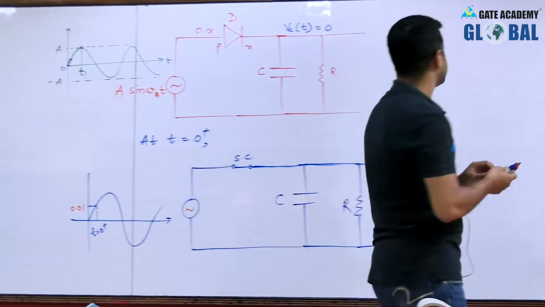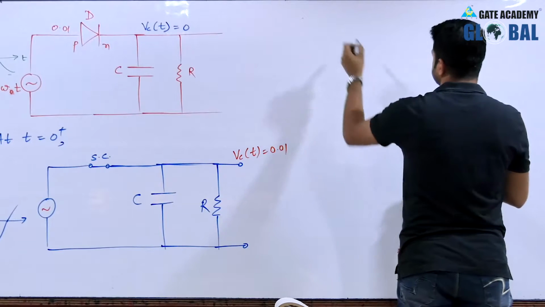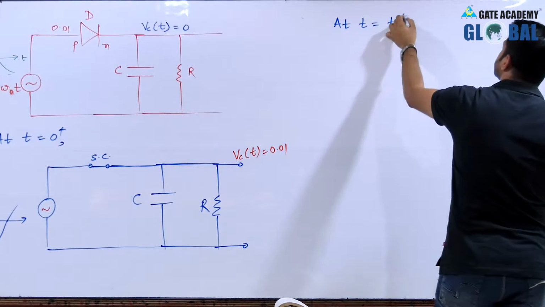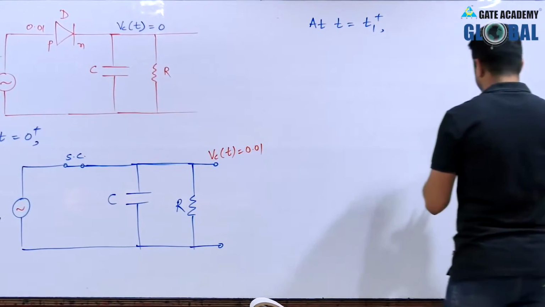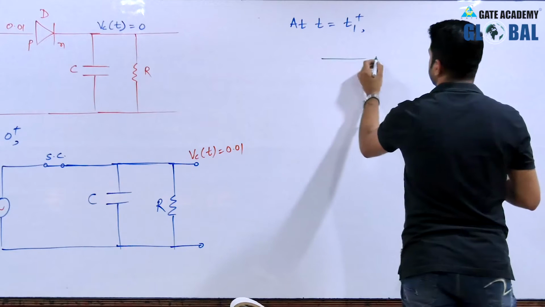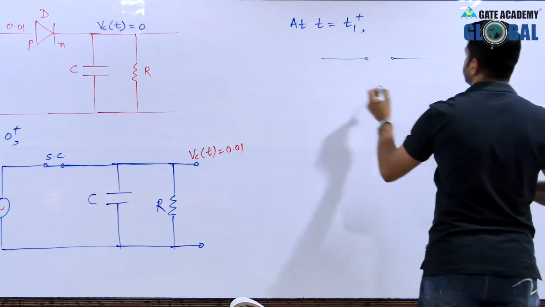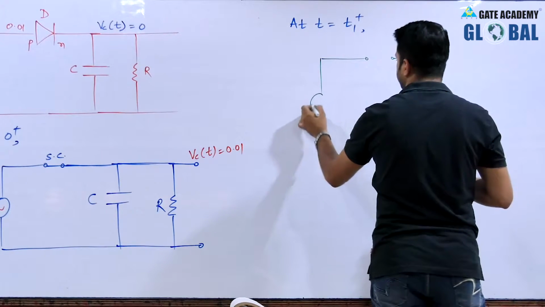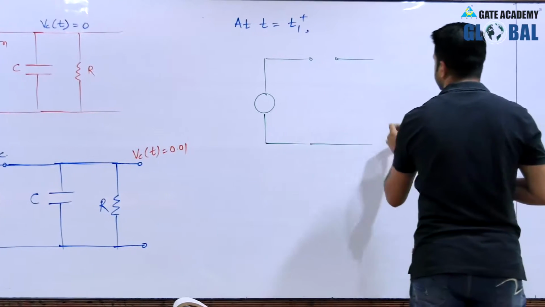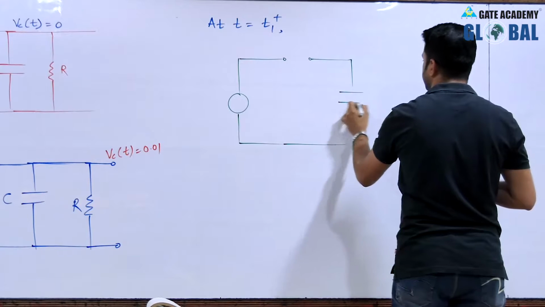So let us draw the figure for this. At time t equal to t1 plus, this is open circuited, here you have applied the AM signal, and here we have the capacitor.